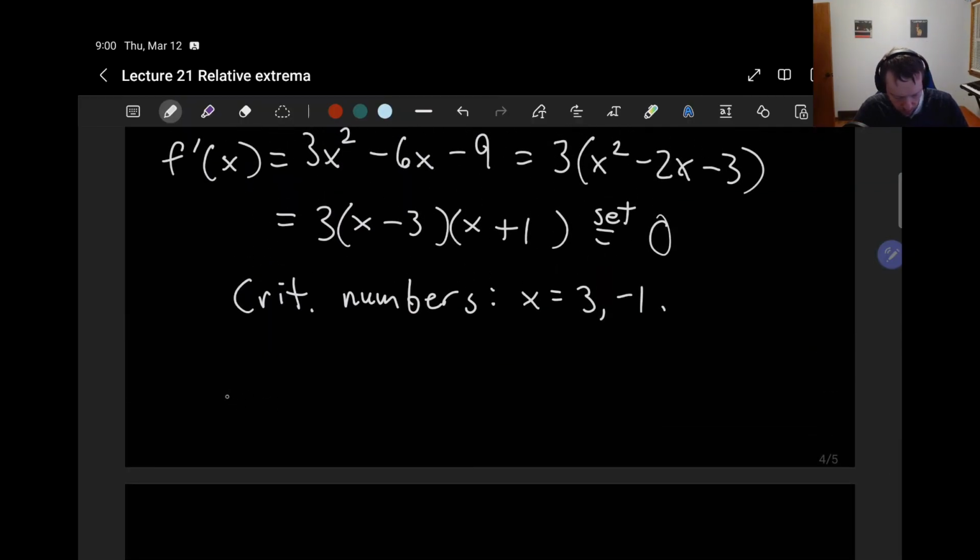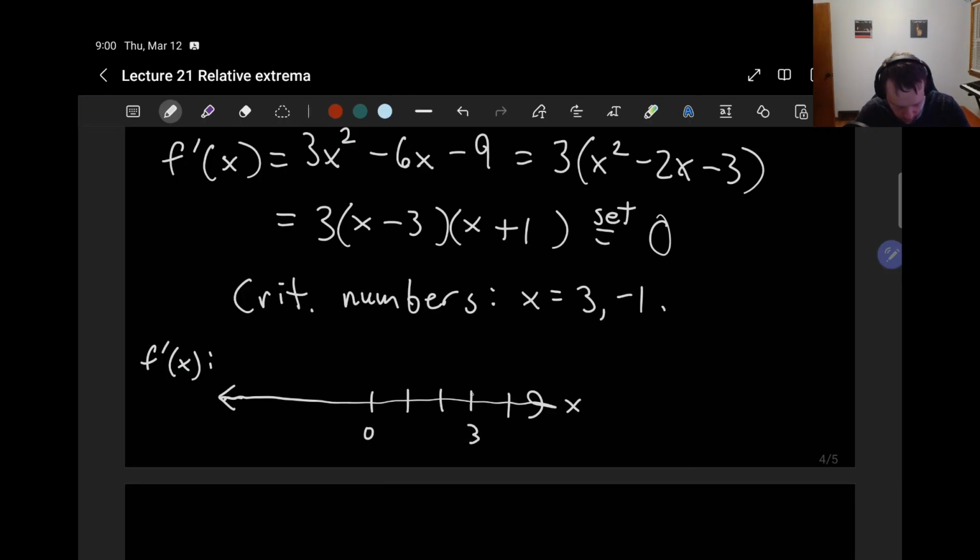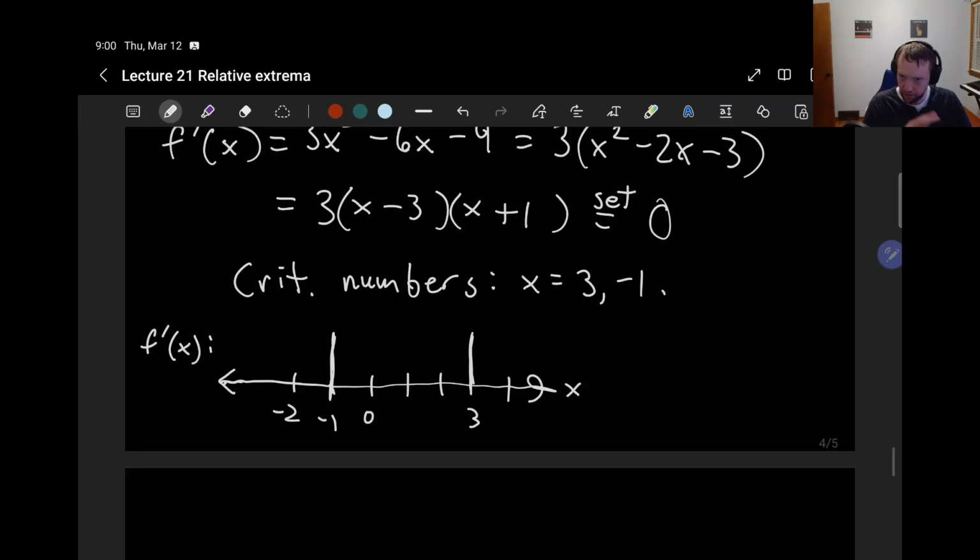So let's divide up the number line to do the first derivative test. So these are x values, and I'm seeing how the derivative behaves. There's a critical number at 3, and at -1. So I want to see, is the derivative positive or negative in these sections? So we pick test points.